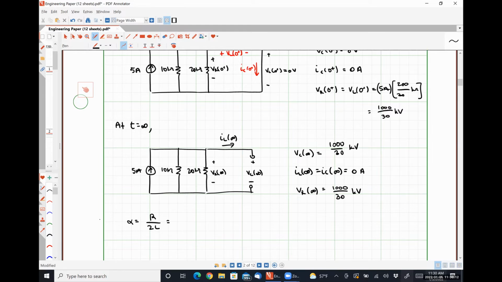Yes, perfect, absolutely perfect. So yes, you would combine the 10 kilo ohm resistor and the 20 kilo ohm resistor together, because both of those resistors are in the circuit during the transient condition. They're connected in parallel. So the equivalent resistance seen by our energy storage elements, our capacitor and inductor, is 20 kilo ohms in parallel with 10 kilo ohms, or 200 over 30 kilo ohms. Everybody okay with that?